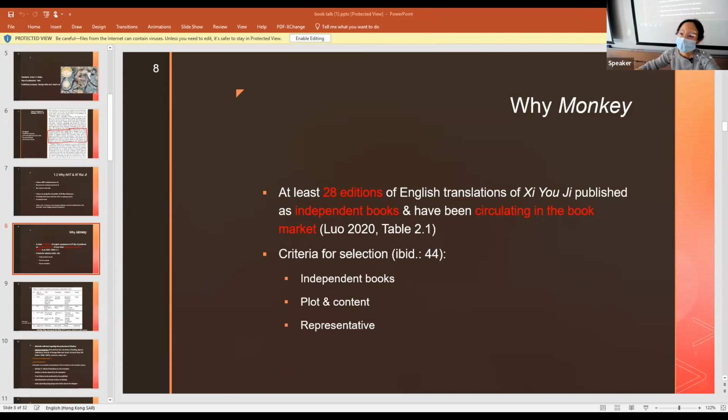This archival material contains more than 200 letters exchanged between the translator, publisher, designer, and the other producers of the translation between the 1940s and the 1960s.